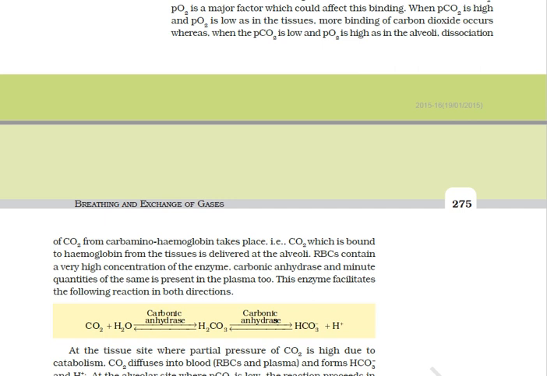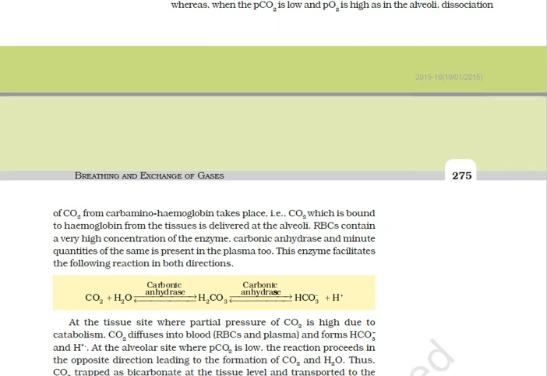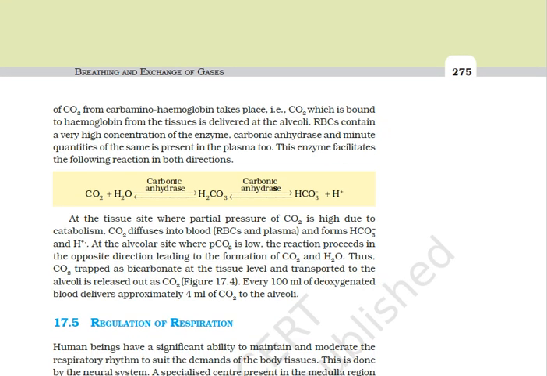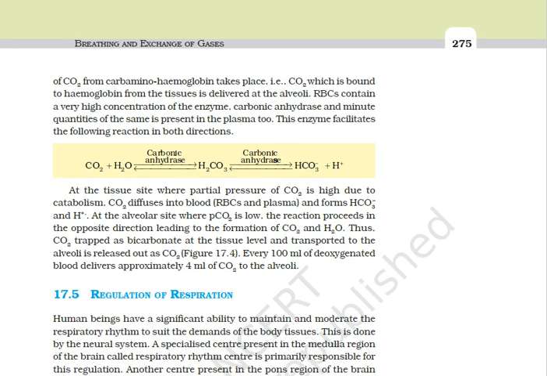That means it is a reversible reaction. Some of the bicarbonate ions, that means HCO3, diffuse into the cytoplasm in exchange for Cl ions and are carried in the form of sodium bicarbonate, and the remaining bicarbonate ions in the erythrocytes are carried as potassium bicarbonate.